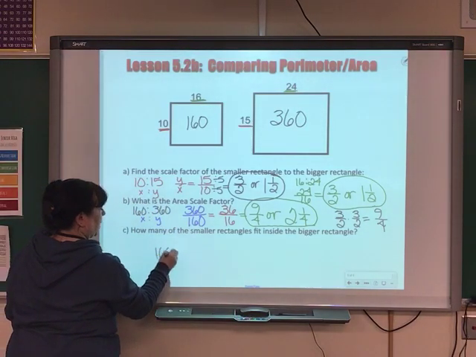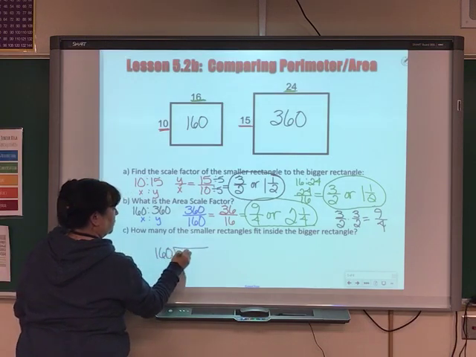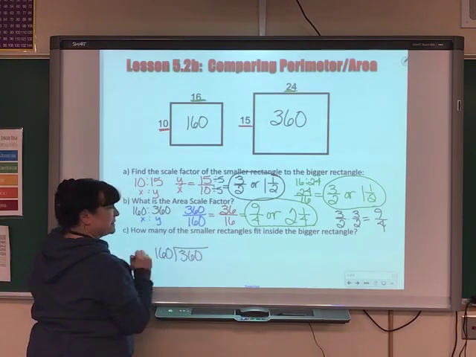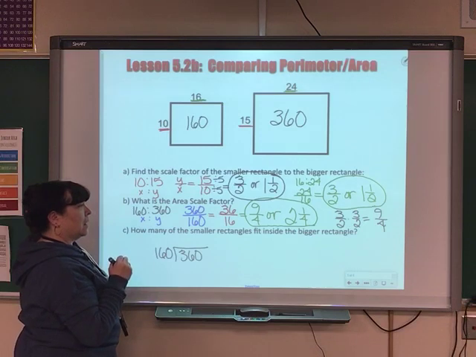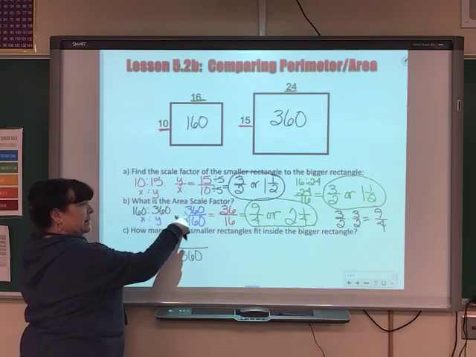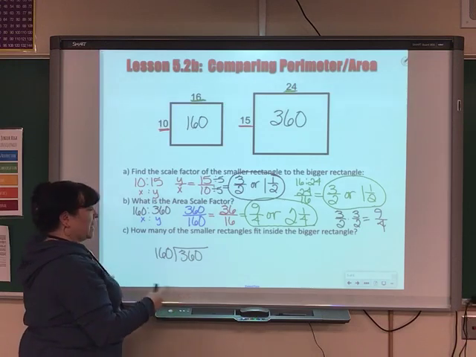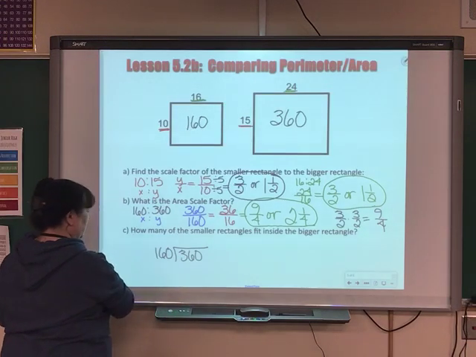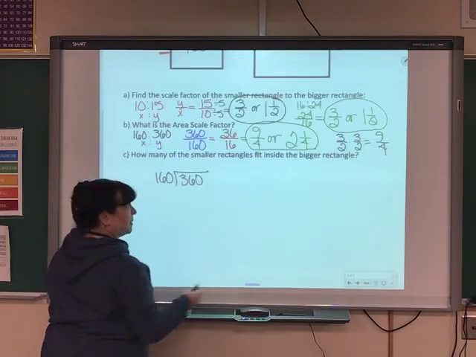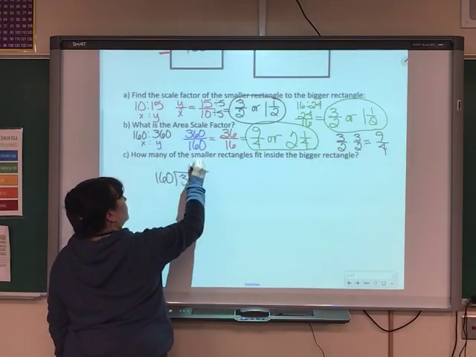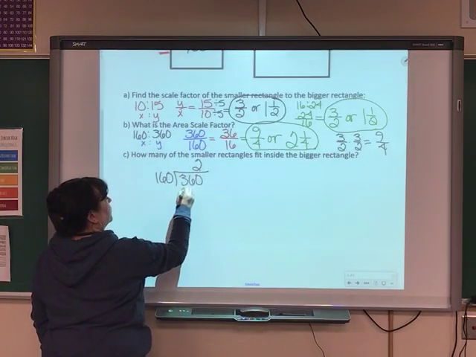Oh, this area is 160. And if I divide it into 360, oh, wait a minute. Isn't that what that fraction is? It is. I can fit those in there. 2, oh, that's 320.